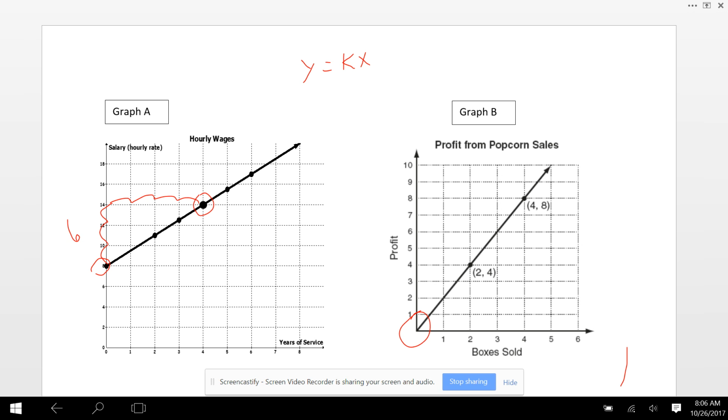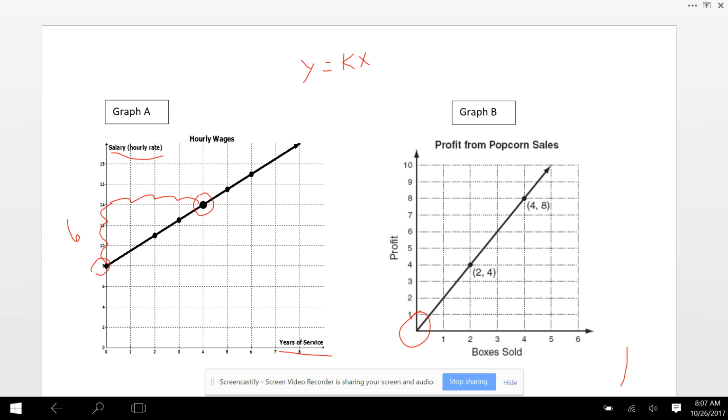I'm going to leave it 3 over 2. And I'm using my words right here: salary per years of service. The slope tells me how much a salary increases based on how many years of service.